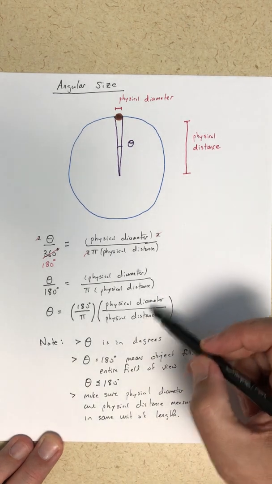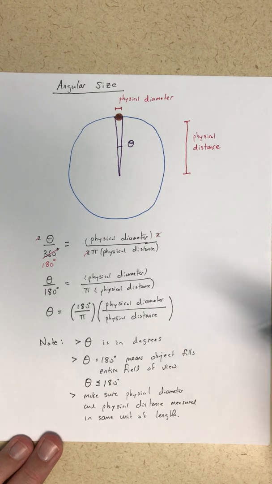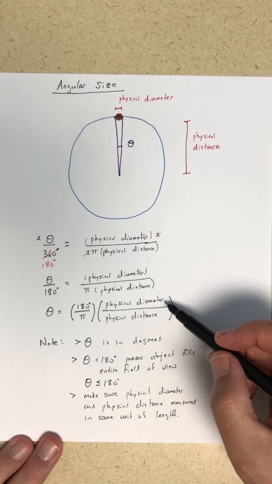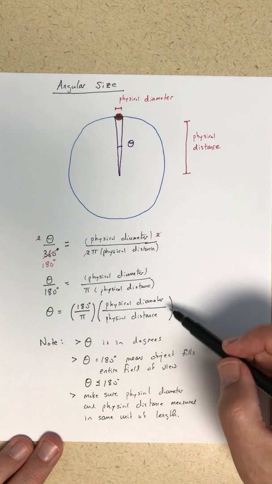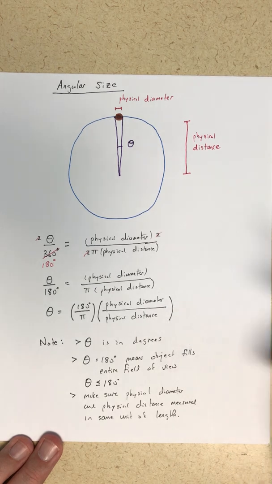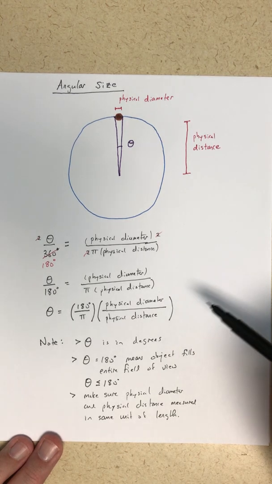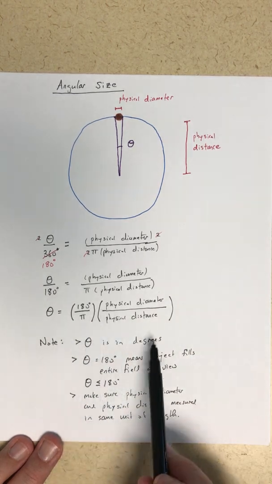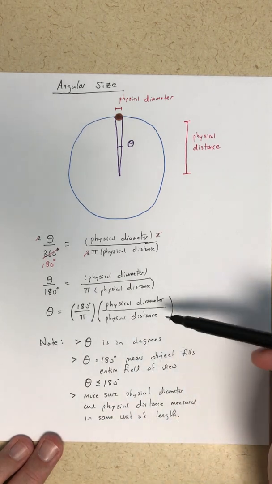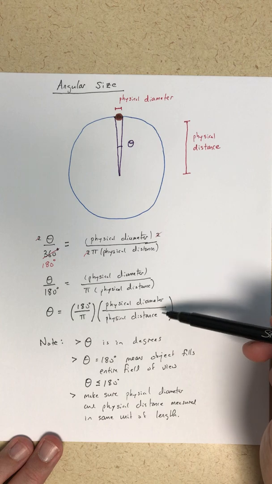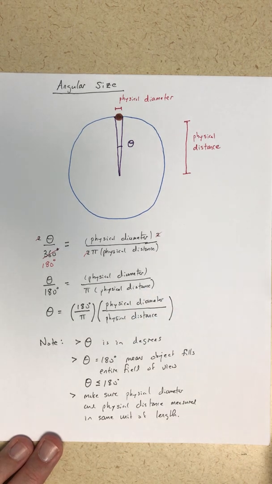So their ratio, the units could cancel out and you would get a pure number. If my diameter is in meters and my distance is in light years, then I will wind up with a meter over a light year, which doesn't cancel out. It's off by quite a bit. So when you're setting up an equation using the angular size, make sure you've converted the physical diameter and the physical distance so that they're in the same unit of measurement.